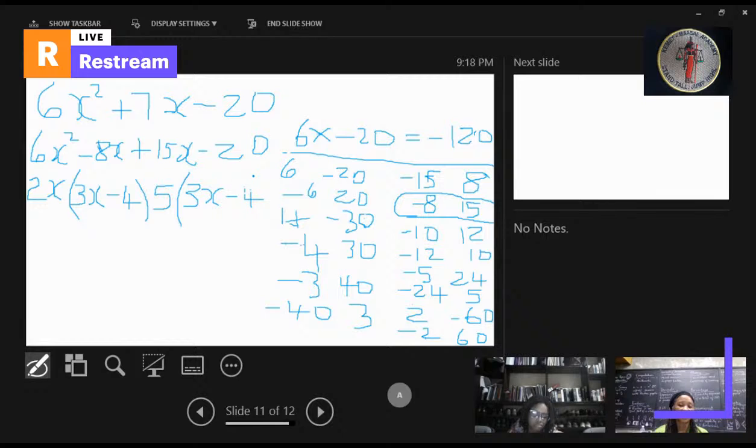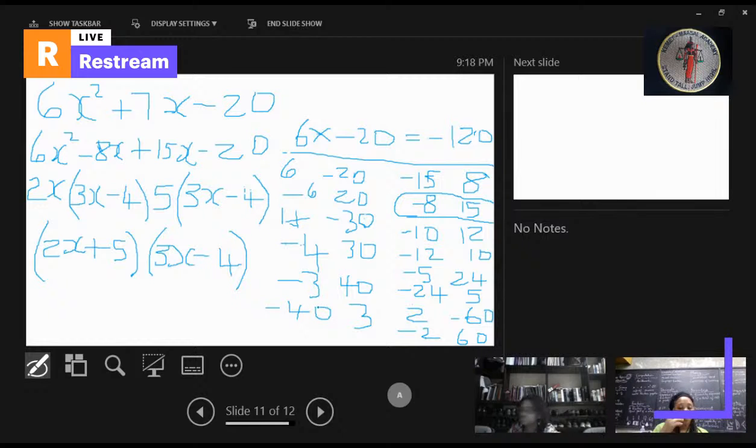Alright, so look to see if you have the same thing in the brackets. Yes, good. That means it would be 2x plus 5 and 3x minus 4.